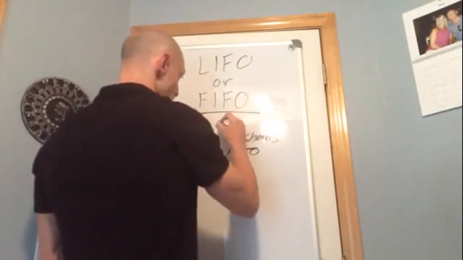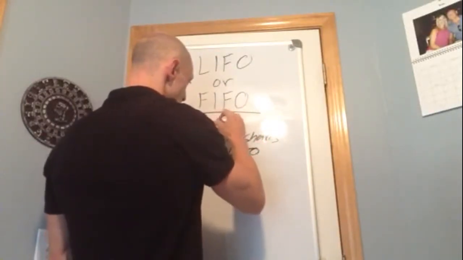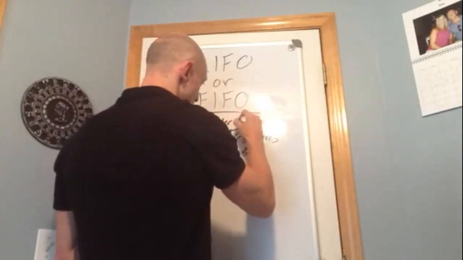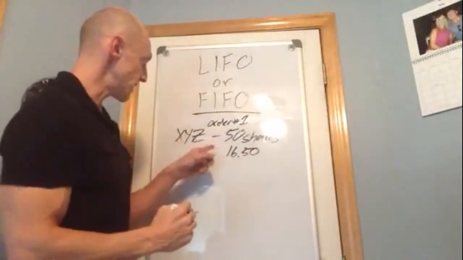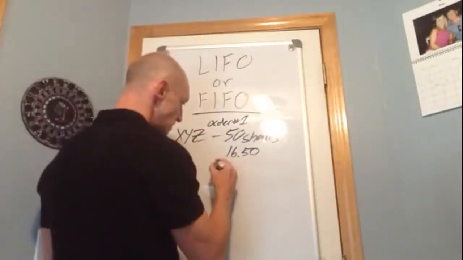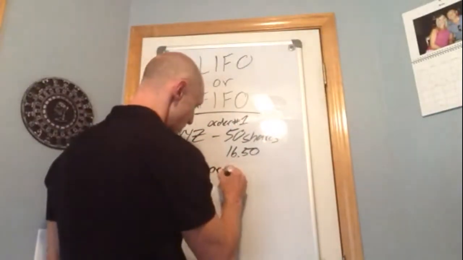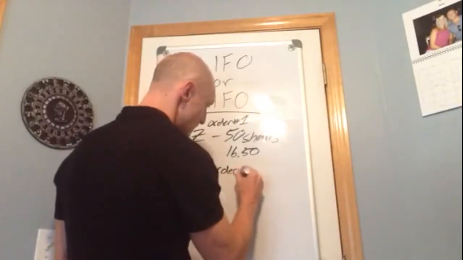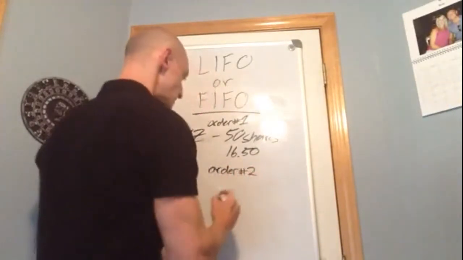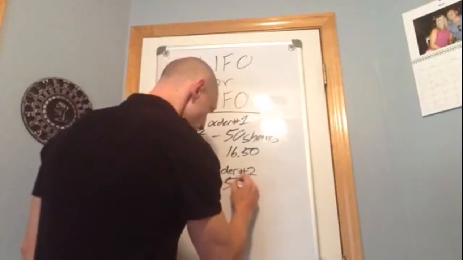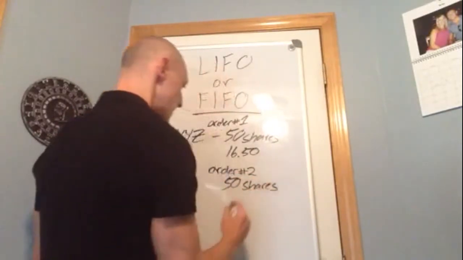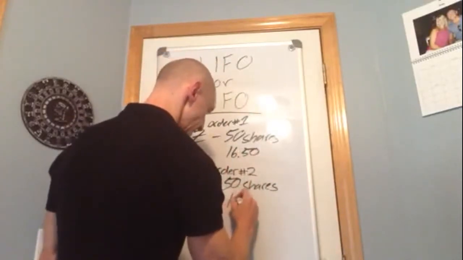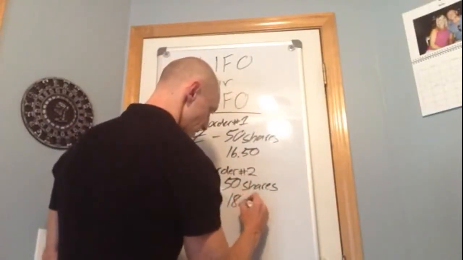Okay, that's order number one. So that's your first order. And then let's say you buy a second order, order number two, another 50 shares, but let's say you buy it at $18. Okay?